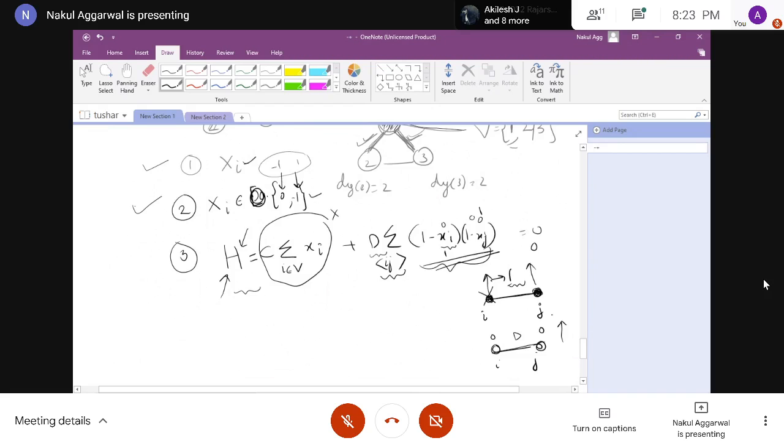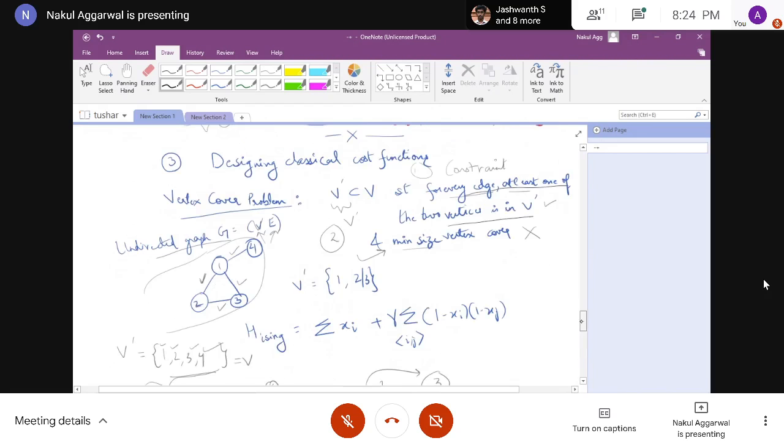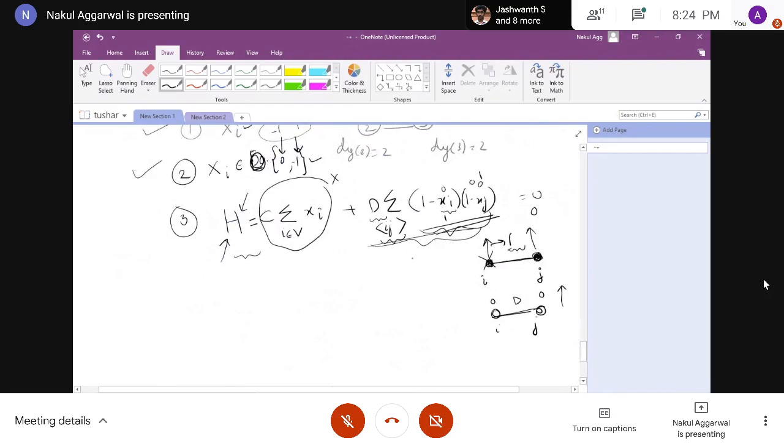This is actually good, because this formulation is helping us. If we do not color one of the two vertices, then we are straying away from the problem statement of the vertex cover, and that increases our energy. So the first constraint is essentially satisfied with this term.